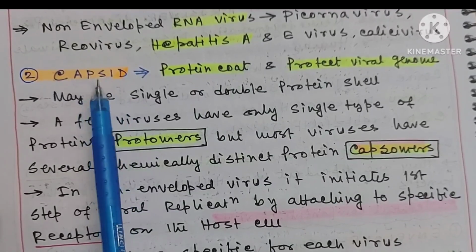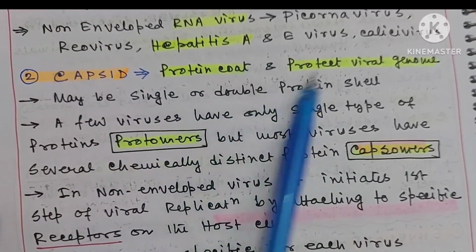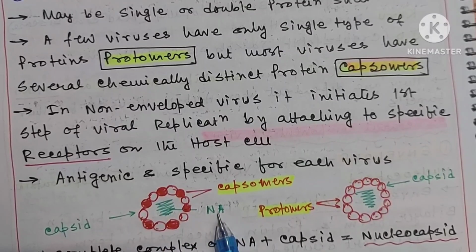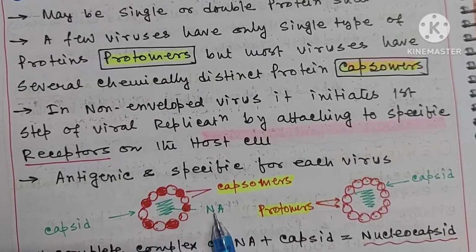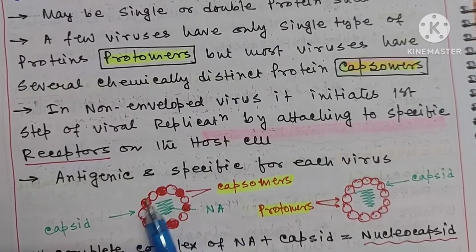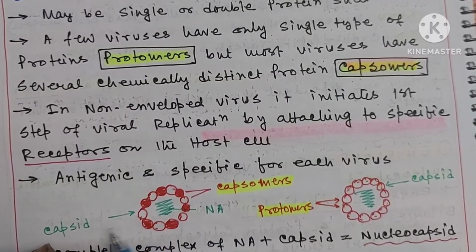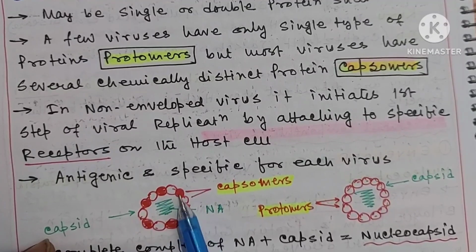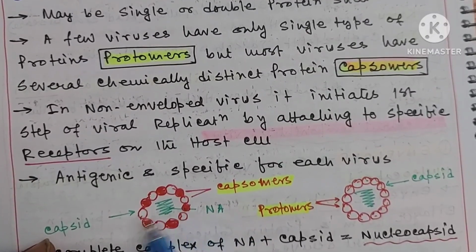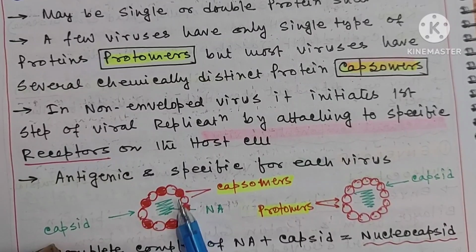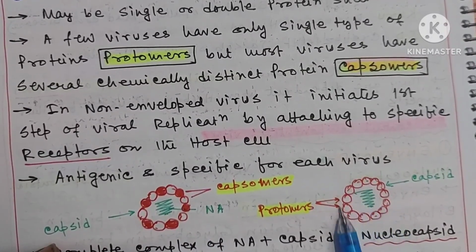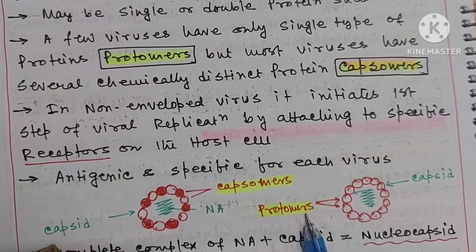The capsid is made up of protein and protects the viral genome, which is the nucleic acid, either DNA or RNA. When the capsid is made up of different types of protein, its subunits are known as capsomers. But when the capsid is made up of only one type of protein, they are known as protomers.